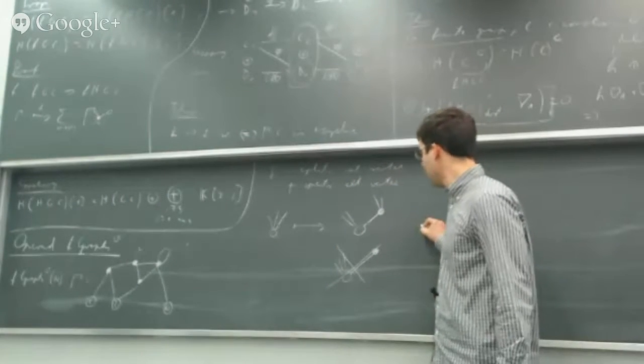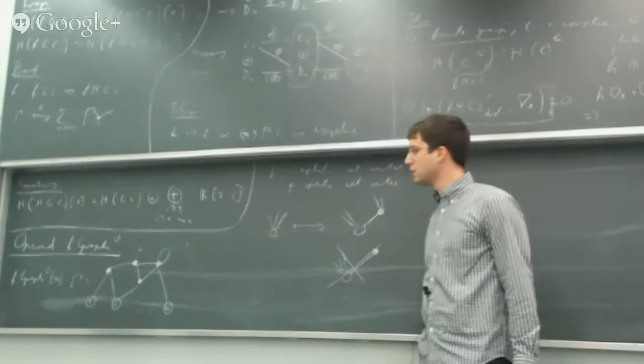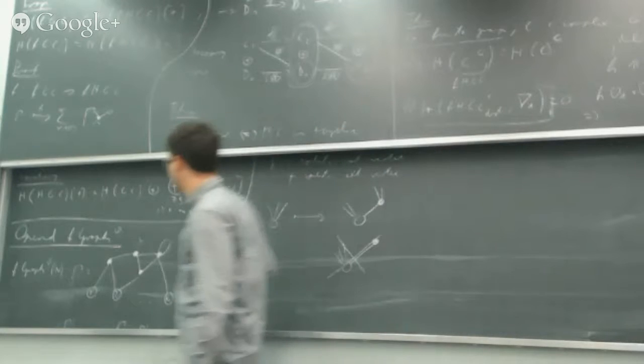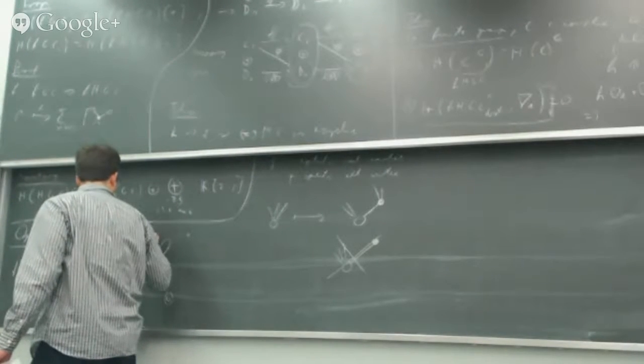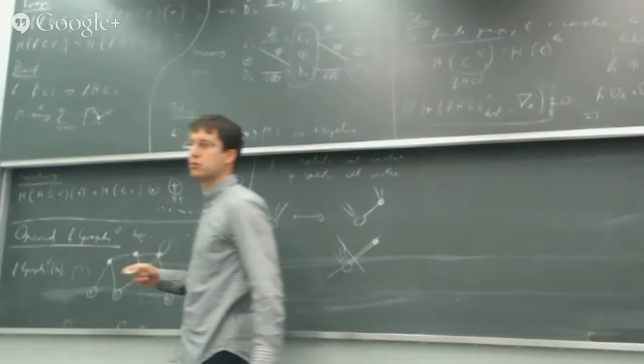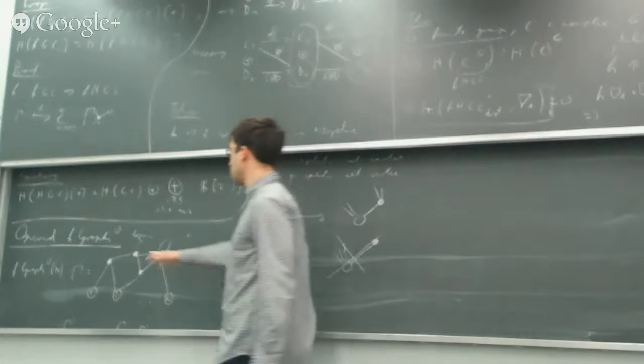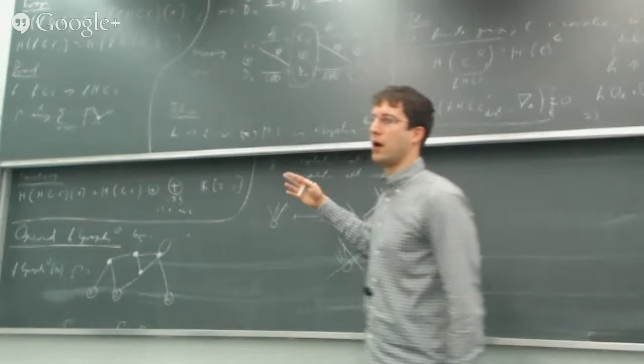But I am, sorry? Degree. Degree of a vertex is 2. And differential has to increase degree by 1.